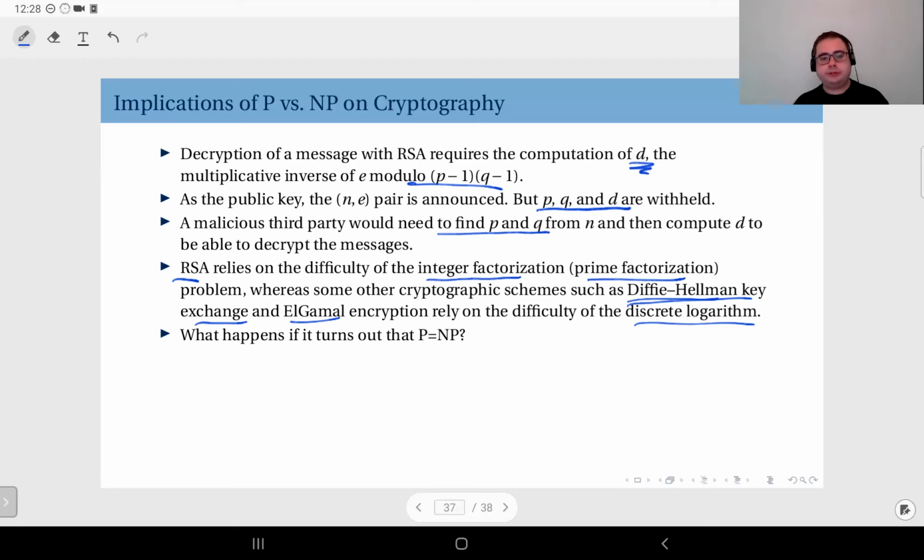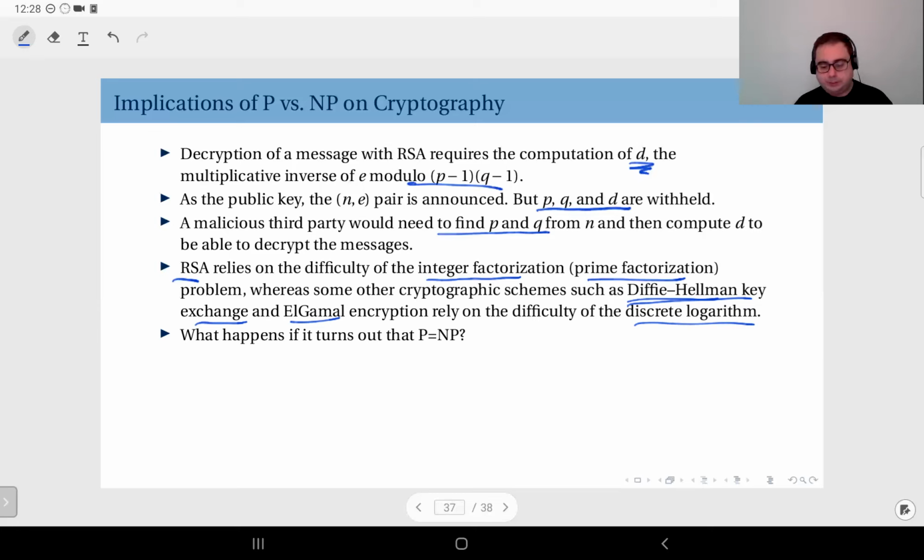Now, the question is, what happens if it turns out that P equals NP, which means somebody comes up with an algorithm, a polynomial time algorithm, that actually solves NP complete problems? In this case, remember, it will be the case that P actually equals the class NP.